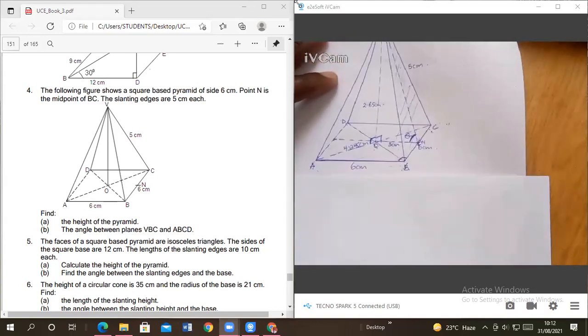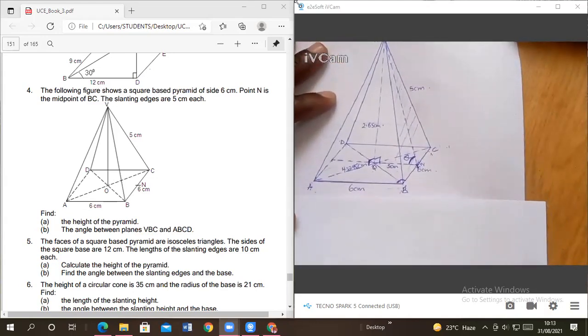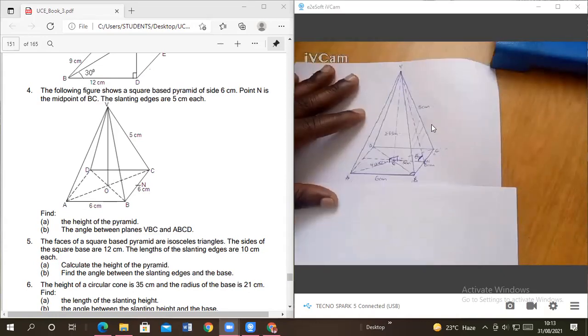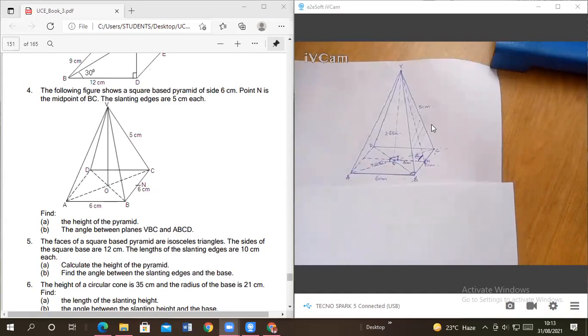Okay. So there we are. Let me zoom out very well so that you can see. I'm going to draw that triangle inside.